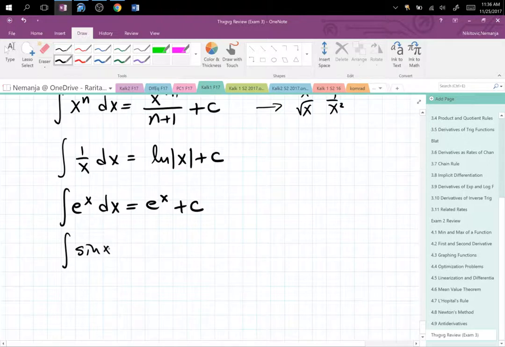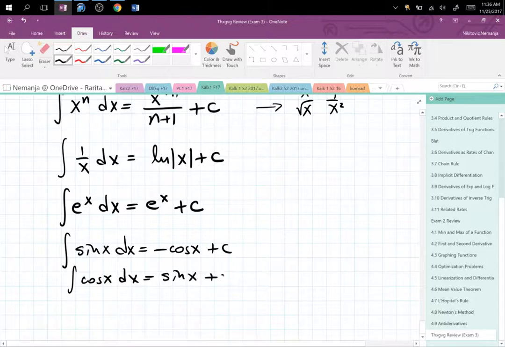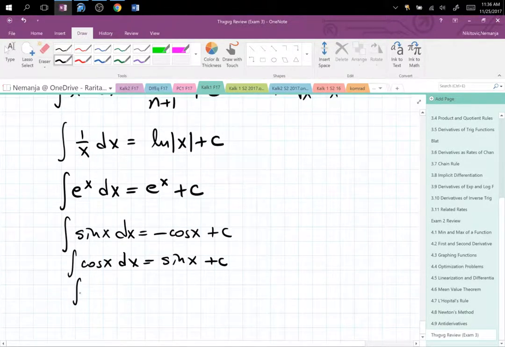So integral of sine x dx is negative cosine x plus c. Integral of cosine x dx is positive sine x plus c. So okay, so we have that.